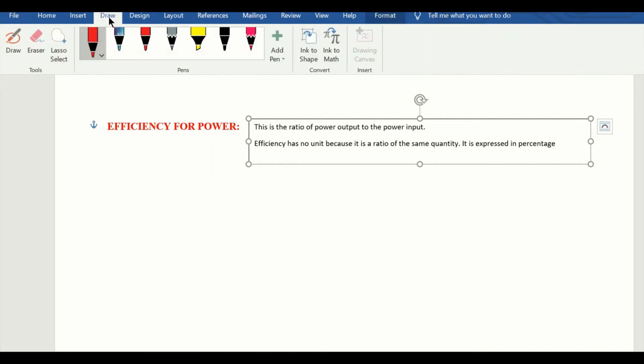I can write a formula for this. Efficiency is equal to the power output over the power input.